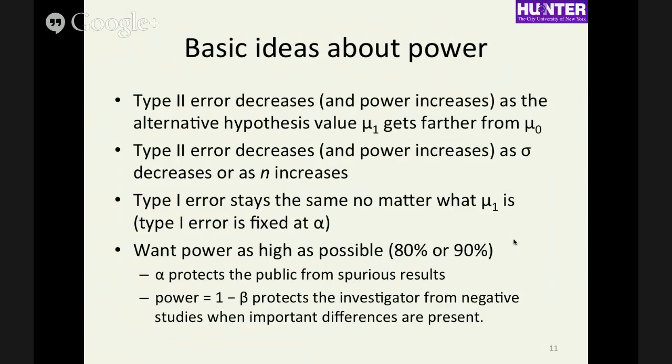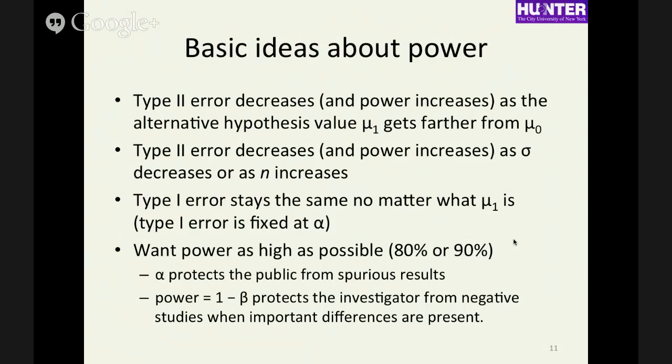And that power increases as your alternative mean gets further from mu0. So mu1 here would be, say, the mean of your study population. And the power increases also either as the standard deviation of the observations in the population decreases or sample size increases.